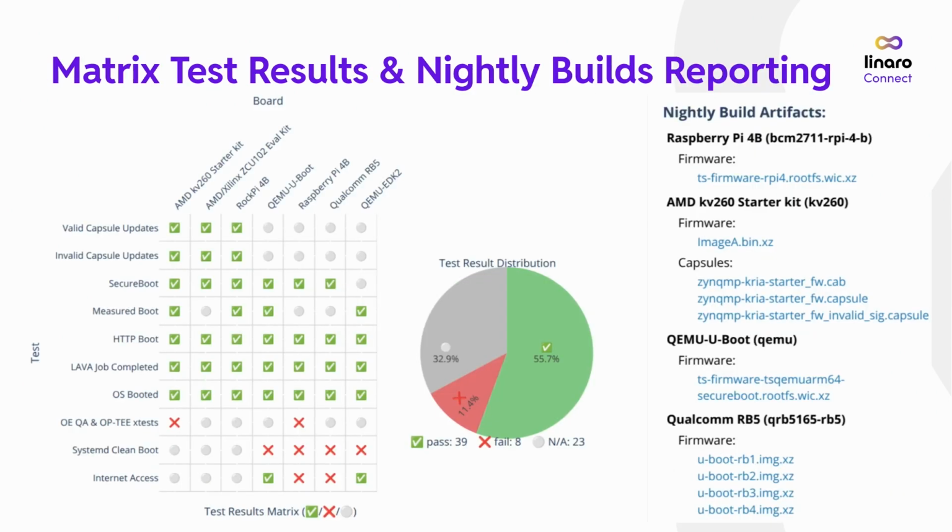And also we did a new way to report the test results, where you can see all the boards and all the devices we are using to boot, like the KB260, the ACQ102, the Qualcomm board, which is a new board being tested.